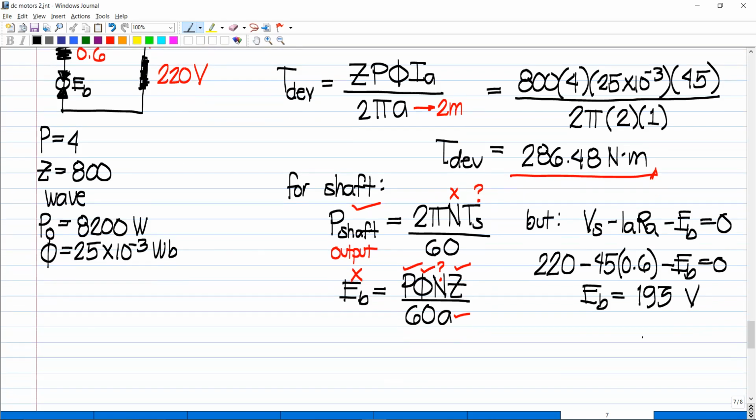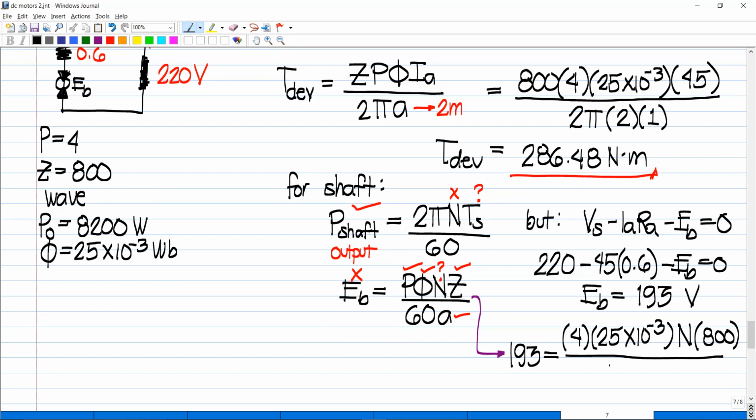Okay, makakabalik na tayo ngayon. Since nakuha na natin yung E-back, we can now continue getting the value of N sa formula ni Pons over 60. So substitute natin. The E-back is 193. This is equal to the number of poles, which is 4. The number of flux is 25 milli times 10 raised to negative 3. We are looking for N, and then the number of Z is 800 divided by 60 again times 2M.